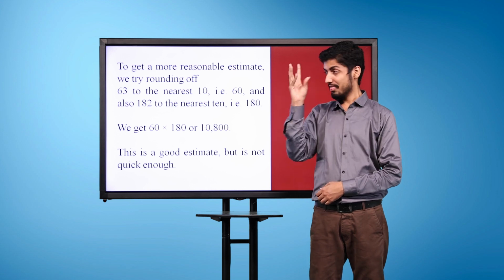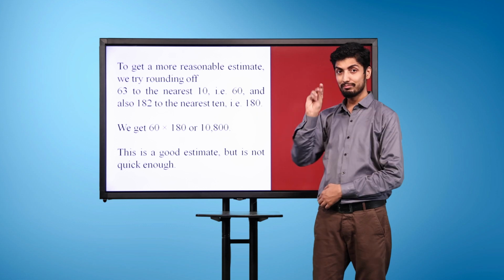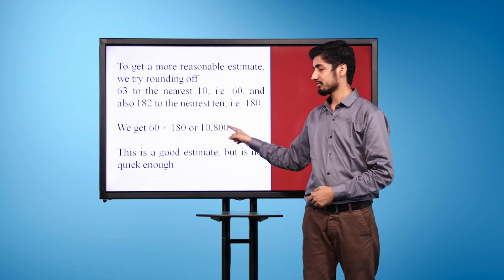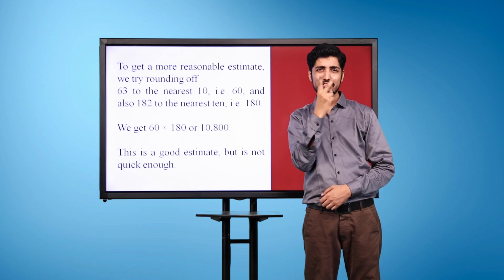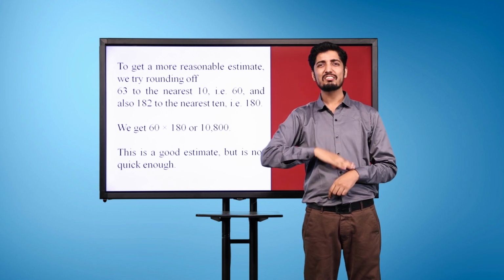We get 60 multiplied by 180, or 10,800. This is a good estimate, but is not quick enough.